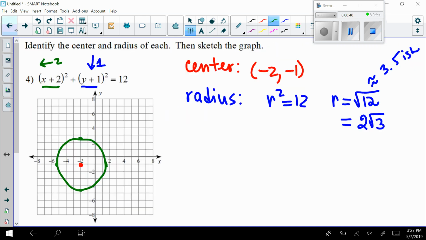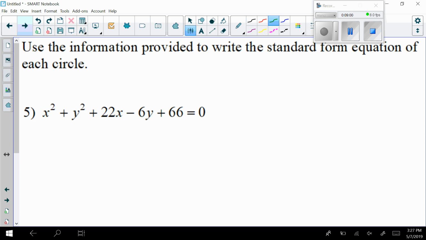Okay. Now the problem is that the equations are not always going to be given to us in standard form, right? So if it's standard form, we can easily read off from the equation the center and the radius, and we're good to go. However, sometimes they're given to us in this form. And in Algebra 1, we saw a similar idea when we were working with parabolas, and it was not given to us in vertex form, and we had to complete the squares.